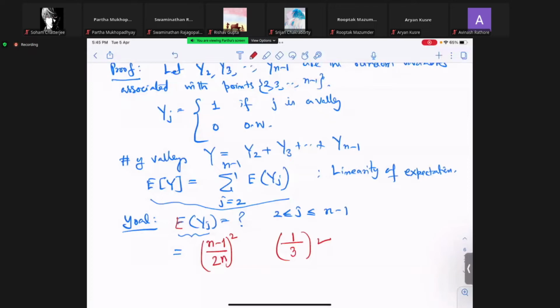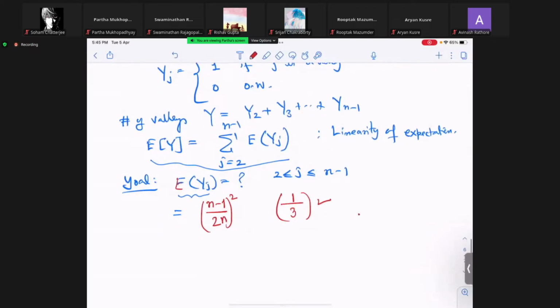What is said is that there are 3 values associated with this point, basically i minus 1, i, i plus 1. You take 3 distinct values, and the smallest value you associate with the middle one, and the other 2 values you permute among the two terms.